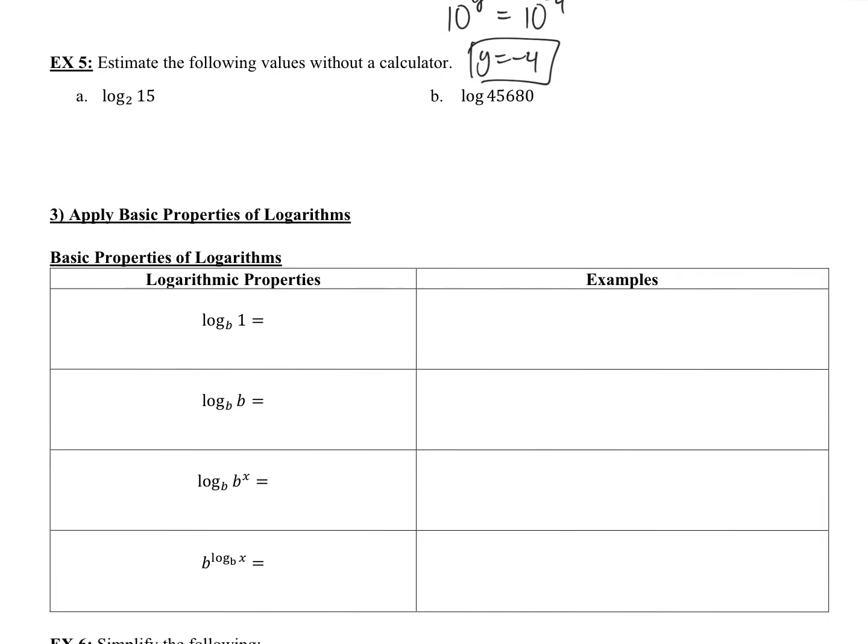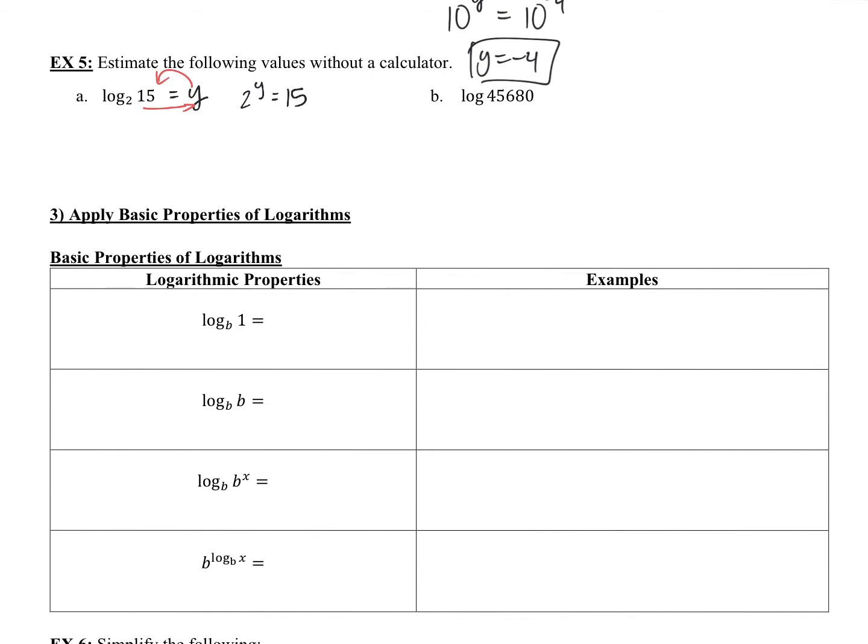Now, let's estimate the following values without a calculator. Well, what would this be? Setting this equal to y, we're trying to figure out 2 to what power gives me 15. Well, I don't know what power that would be.